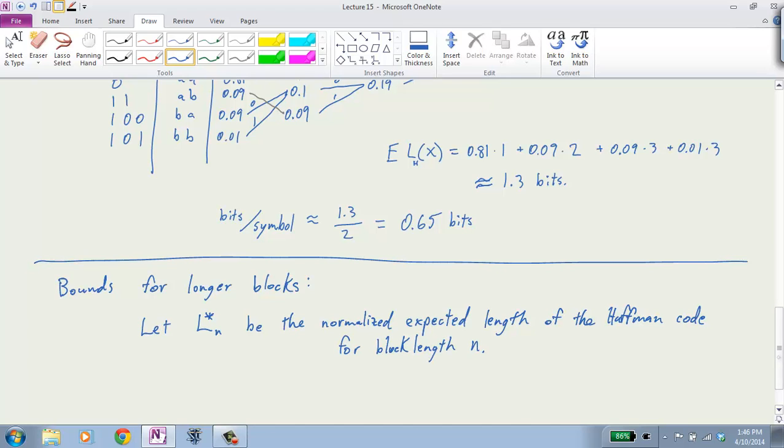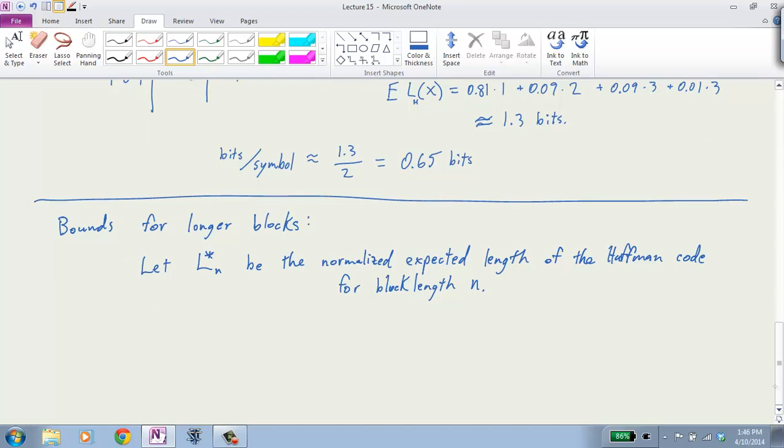What we mean is that L star of n is 1 over n times the expected length of a Huffman code of the sequence x1, x2, up to xn.